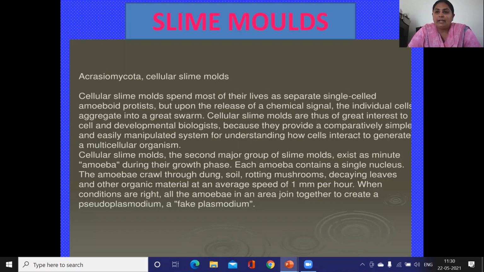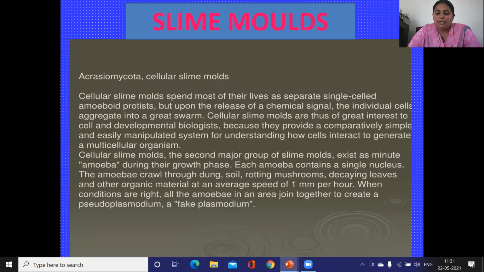Their cellular aggregate keeps on dividing again and again and adds many new cells. This entire body, in the form of a cellular aggregate, is known as the plasmodium.